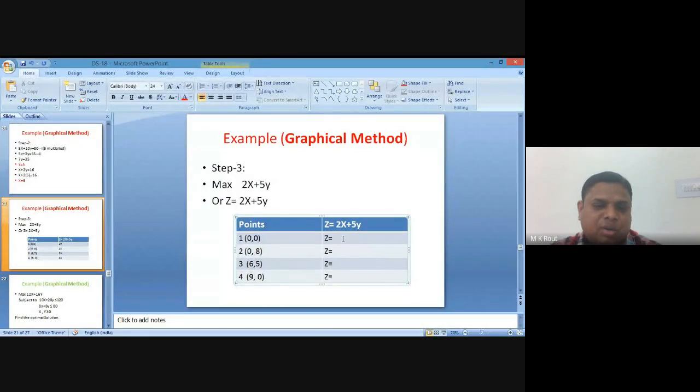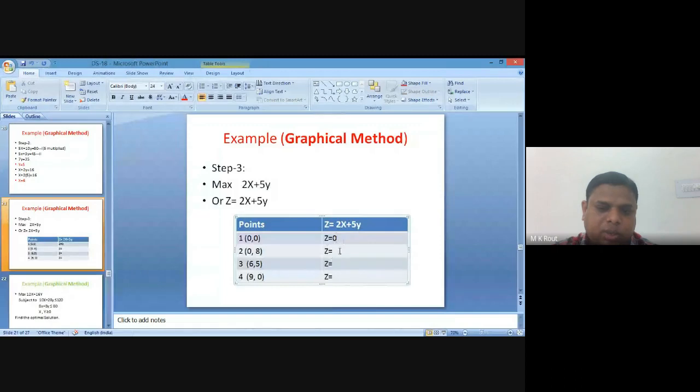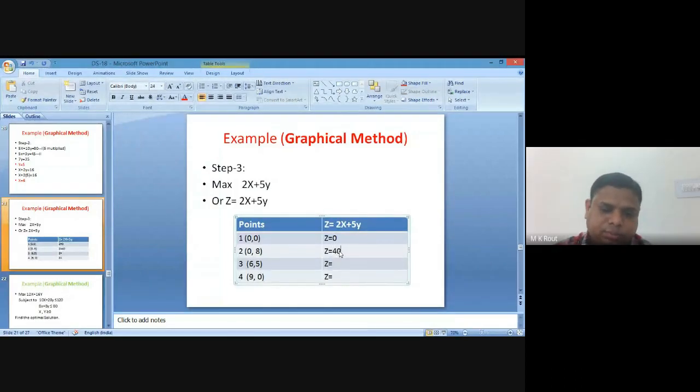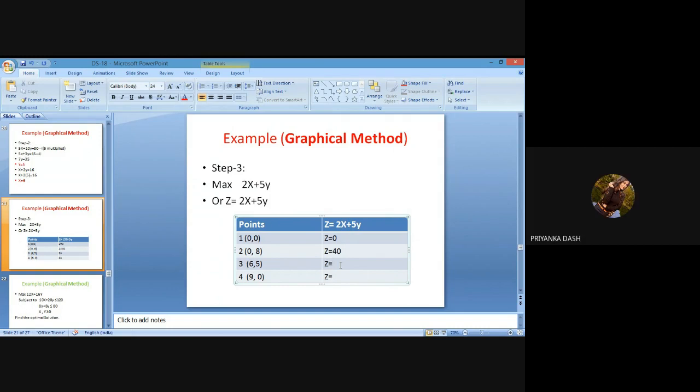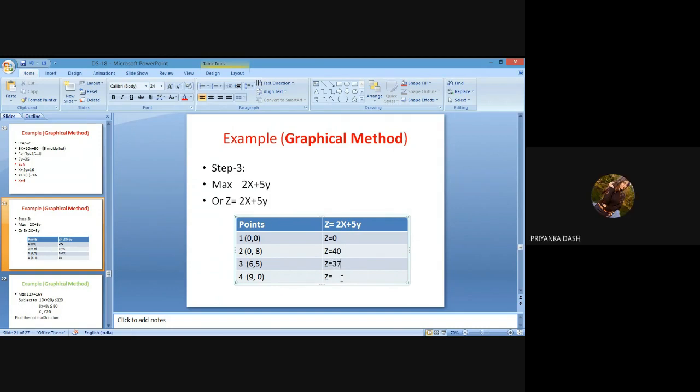If you calculate the first maximization, what is the value here? 0. Next one, 40. Next one, 37. Next one, 18.